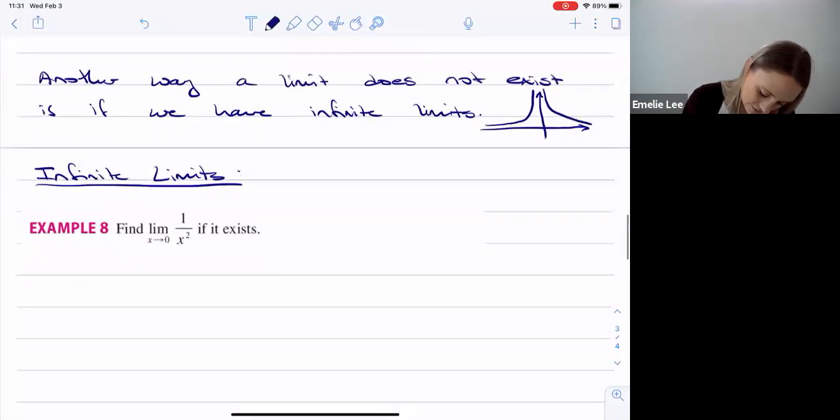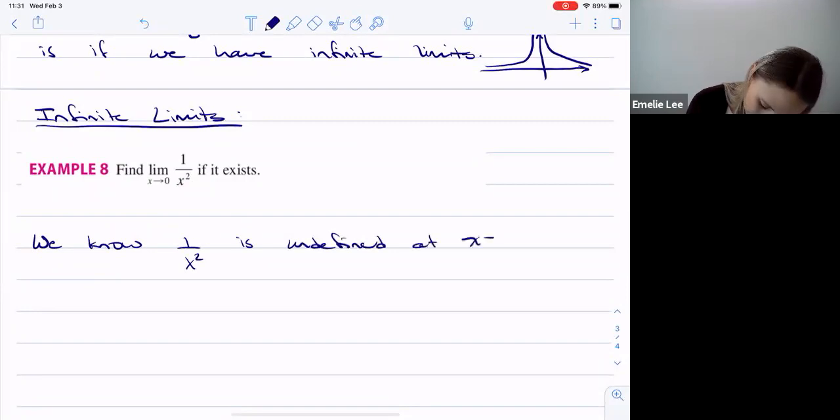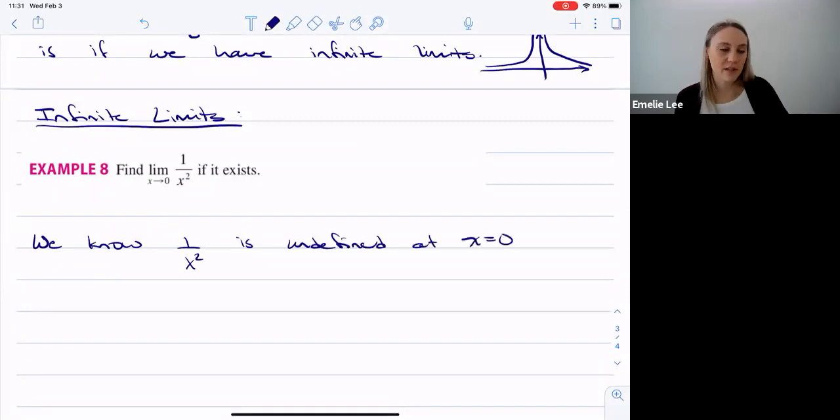So we know 1 over x squared is undefined at x equals 0. Dividing by 0, that's illegal math.